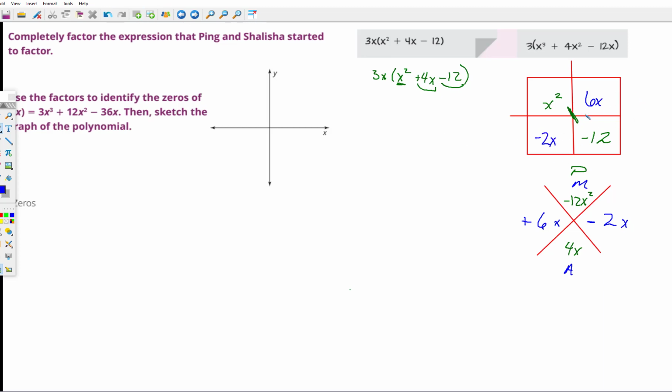Does it matter which spot you put those two things? No. So now let's look at our factors. Out of this first column, what's something that can come out? X. Yep.